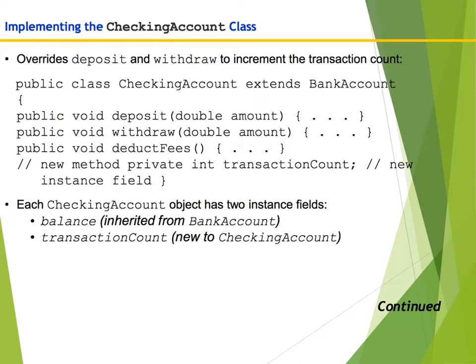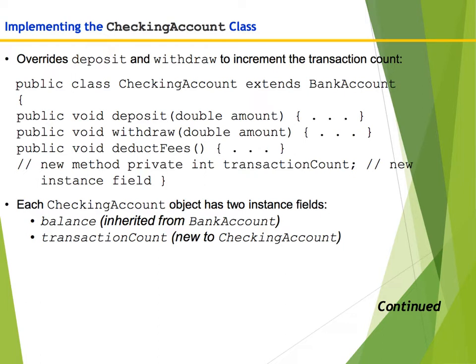So in the class checking account, which extends bank account, we need to provide a new implementation of the deposit and withdraw methods, which means that we need to override these two methods. Also, we need to have a new method for deduct fees, and also new instance fields.